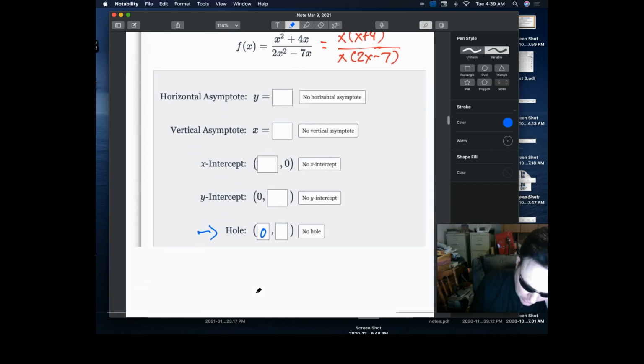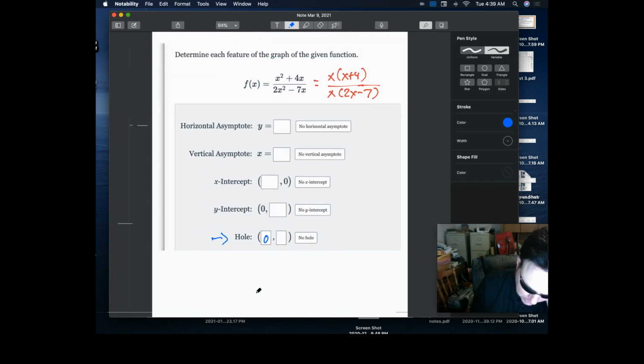And then the equation you're left with is x plus 4 over 2x minus 7. If I plug in 0 here, we get 0 plus 4 over 2 times 0 minus 7, which is negative 4 over 7. So that means I have a hole there.